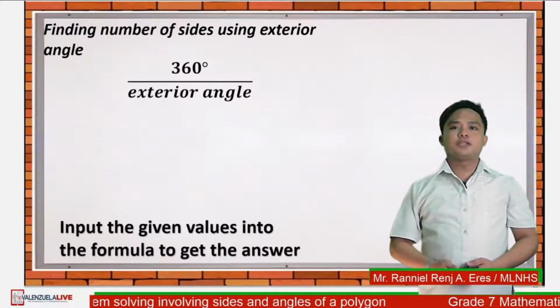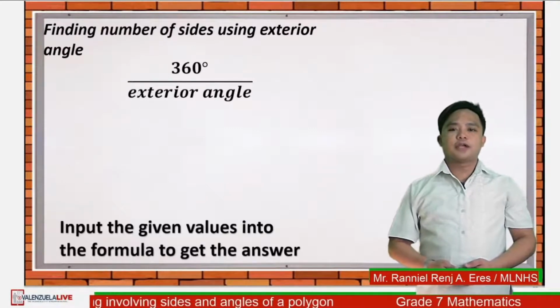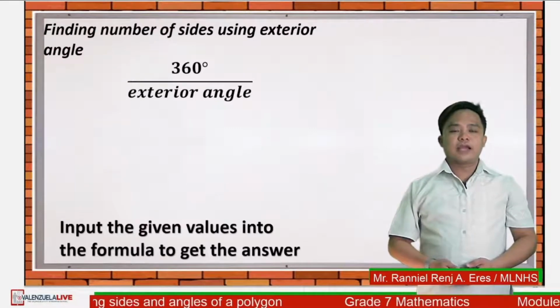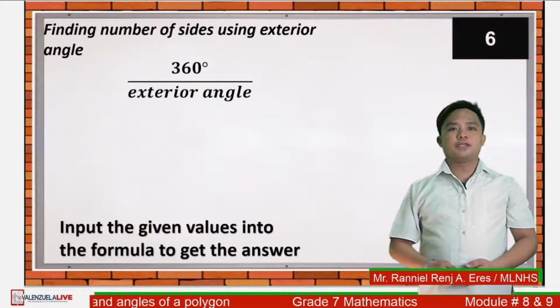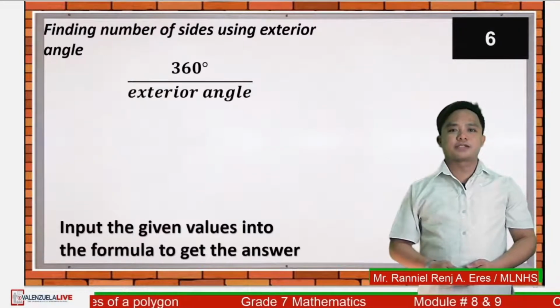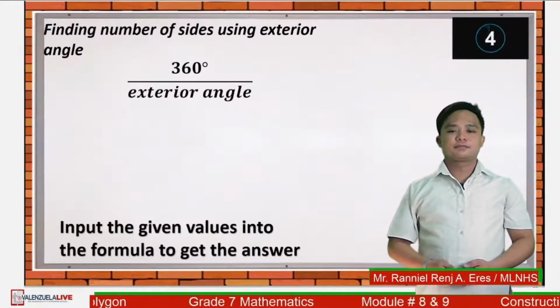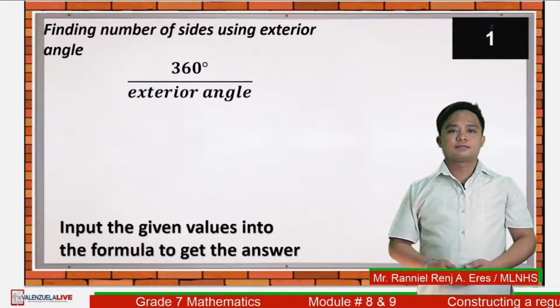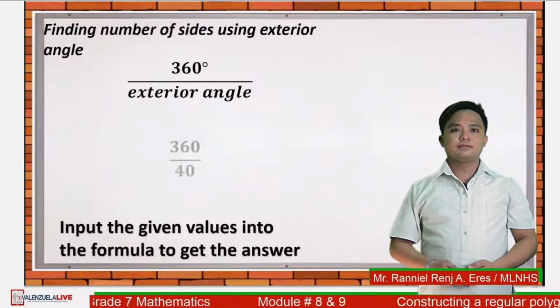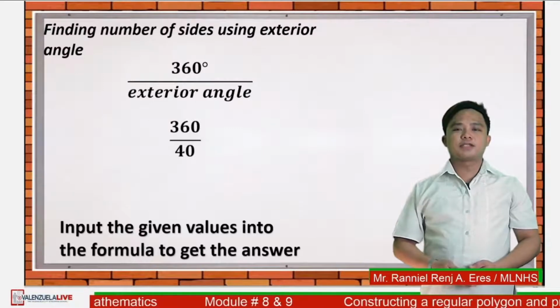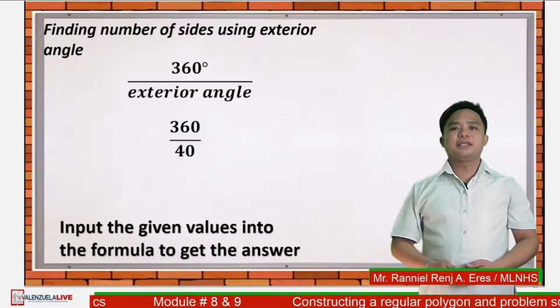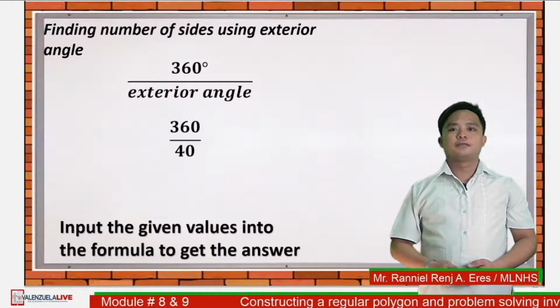Now, let's input the given values into the formula to get the answer. Okay. Kindly comment the mathematical sentence for this. I will give you 5 seconds to answer. Okay. So, your mathematical sentence must be 360 divided by 40.